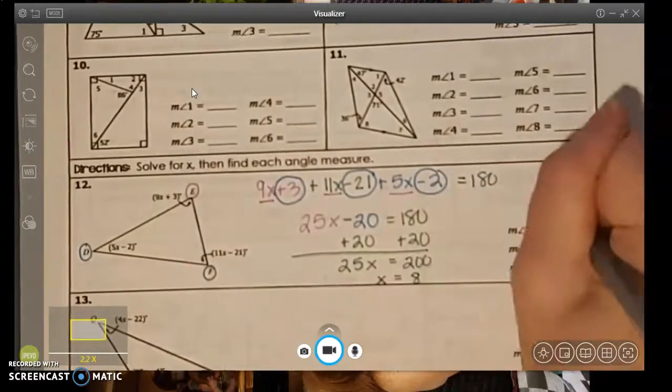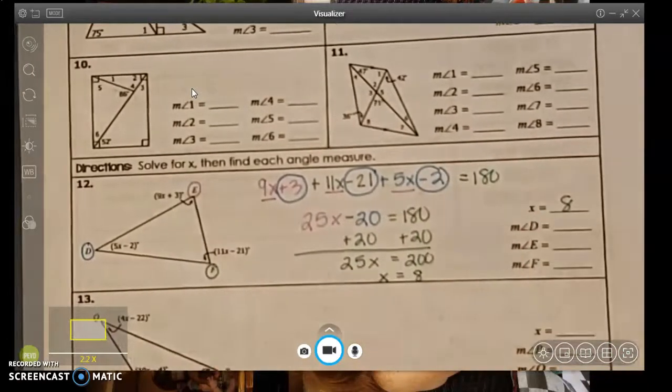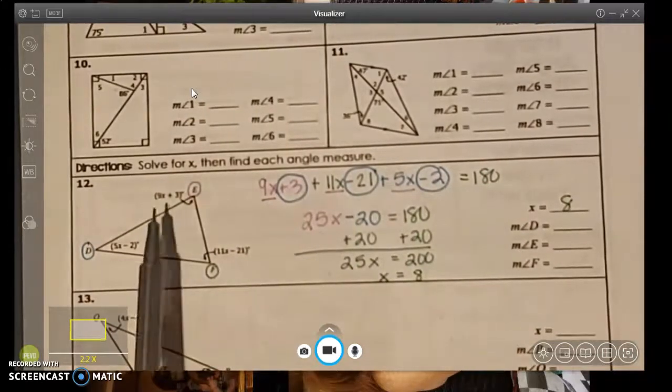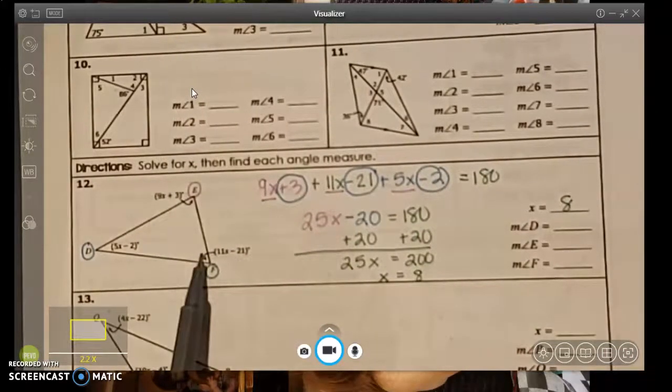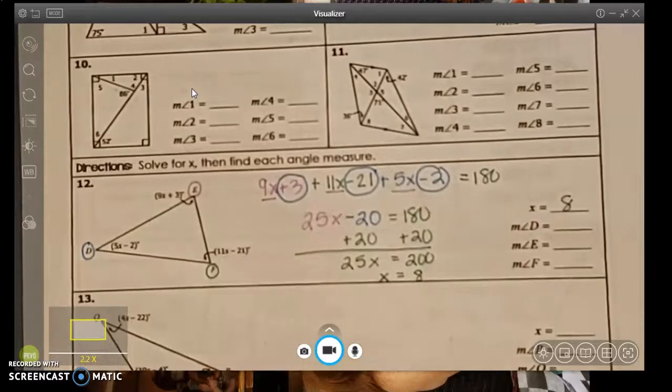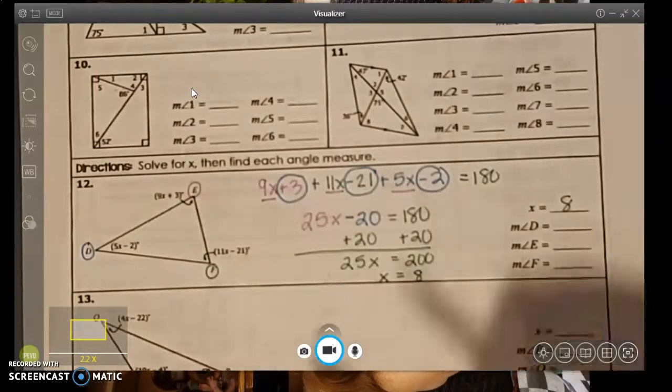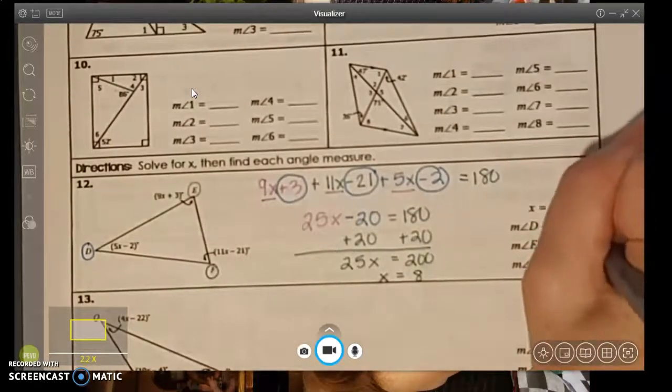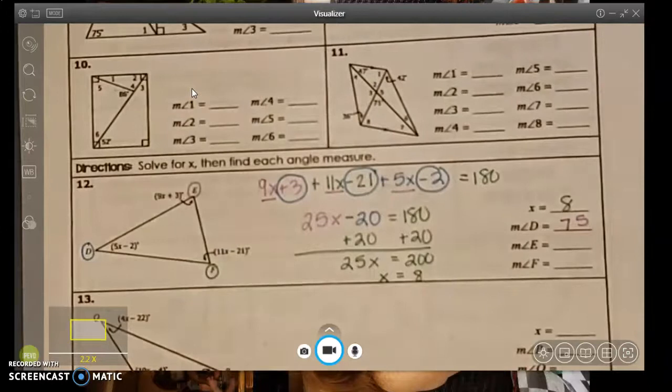Now that we know x is equal to 8, I can plug in for each angle. For E, I have 9 times 8 plus 3, and that's going to equal 75. For angle F, I'm going to do 11 times 8 minus 21, and that's 67.